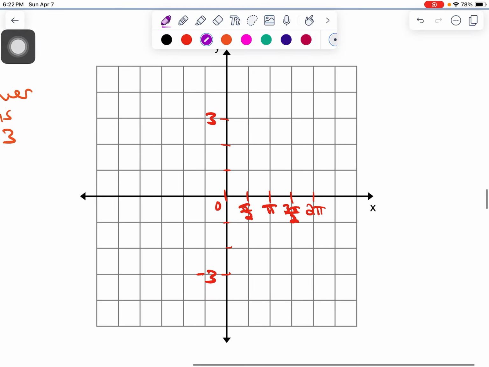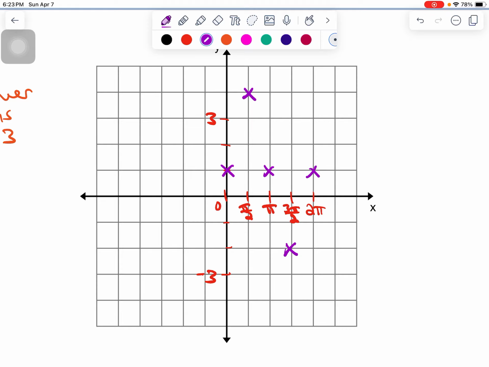So sine traditionally starts at the origin, but I'm going to move up 1. Then my next value, I would go up to my maximum. So in this case, it would have been a 3, but I'm going to include that +1. Down to the midline, down to the minimum, but again, we're up 1 from there, and then back to the midline. Now, I'm not going to actually draw the sine curve in. If you think it would help you, great.